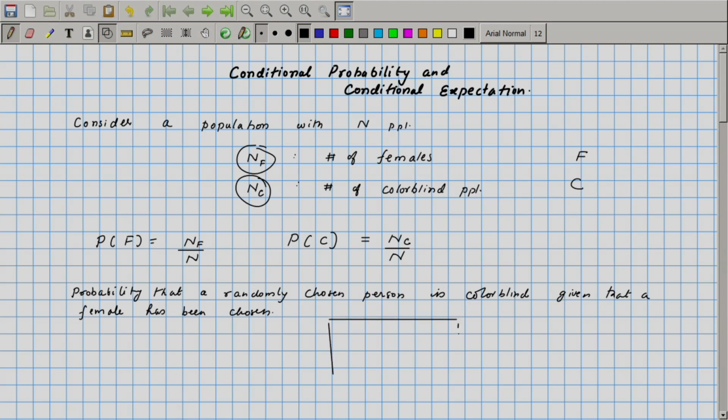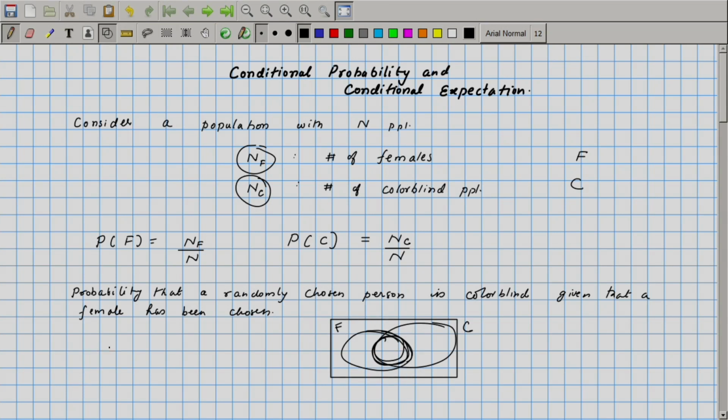So, if you look at our sample space, this is a set of females and this is a set of color blind people. They could have an intersection, they may not have an intersection, but this is the general diagram. Now, if we are told that the person is a female, then the probability that they are color blind is essentially the size of this region divided by the region of females.